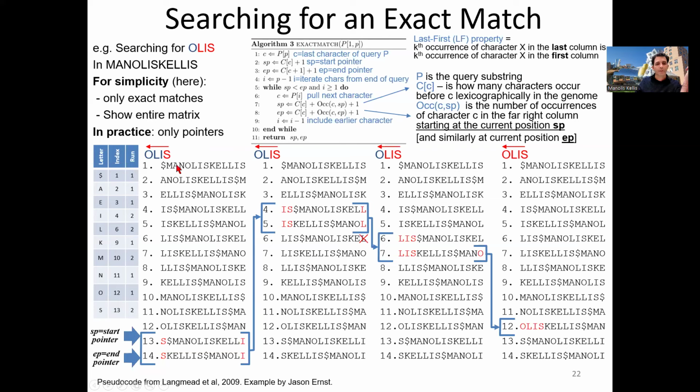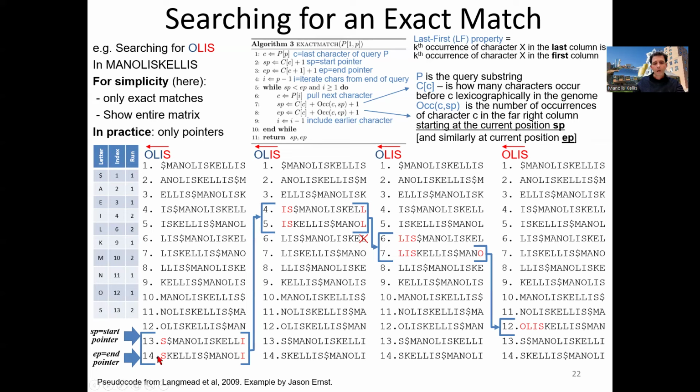Basically the next character plus one. So if the S's start here and say the T's start there, then that's my start and my end character. So that's all of the S's. And then I progressively keep making it smaller because I can use this pointer table here, that basically gives the number of occurrences of character C in the far right column starting at that position. And then building that can also be done very, very fast.